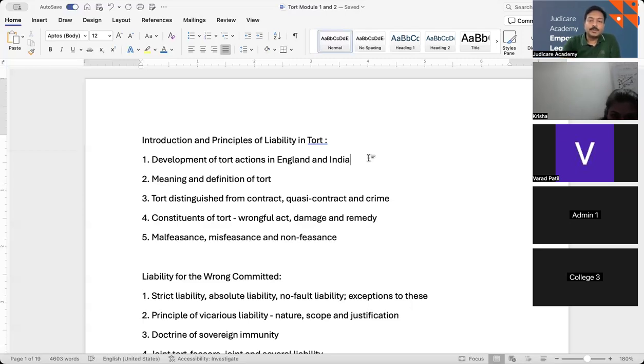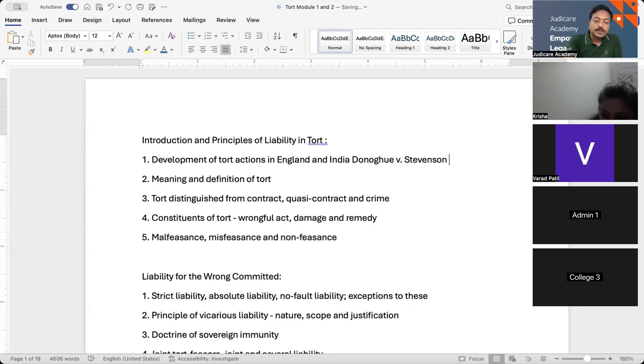Let me write it here for you. Donoghue versus Stevenson.